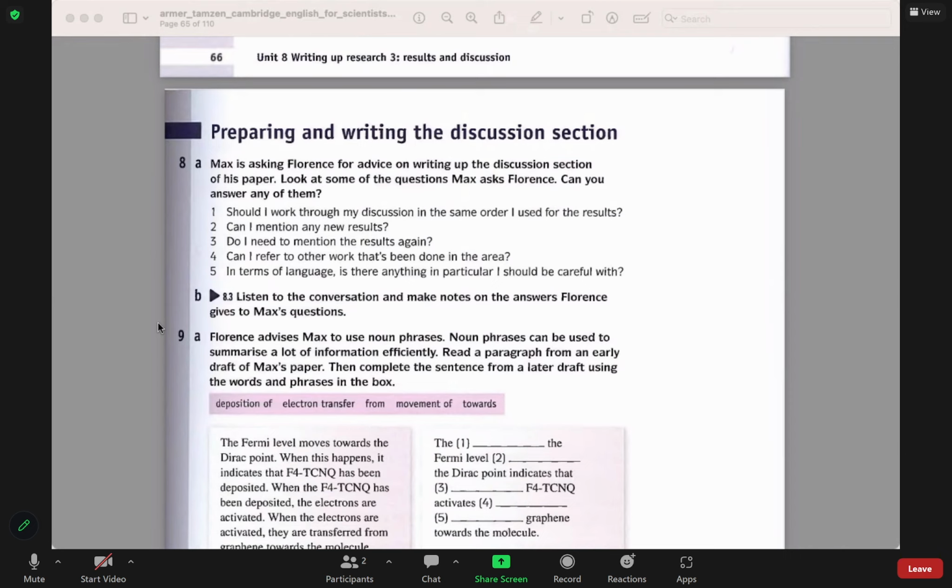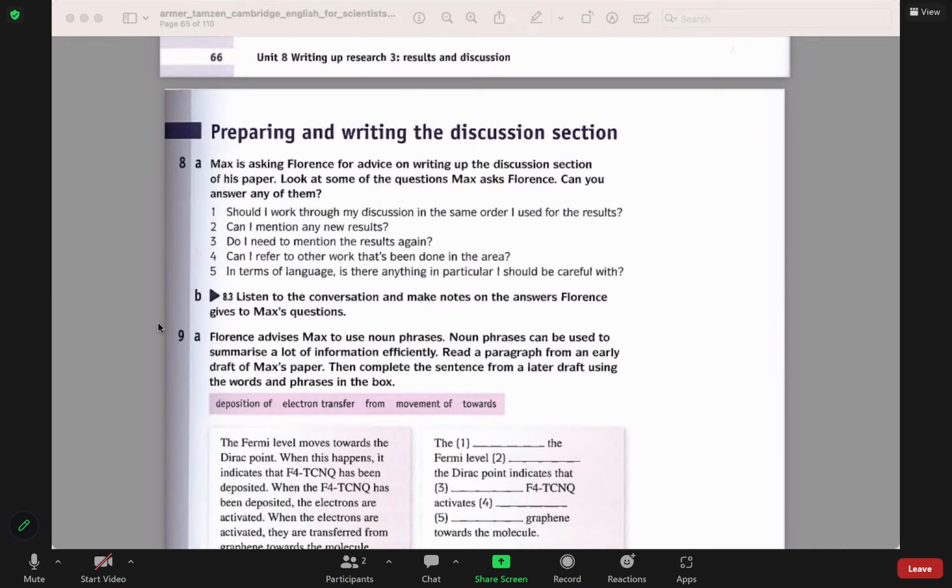Do you think that a researcher can mention any new results in the discussion section? It means new results which were not mentioned in the results section. I think he shouldn't.